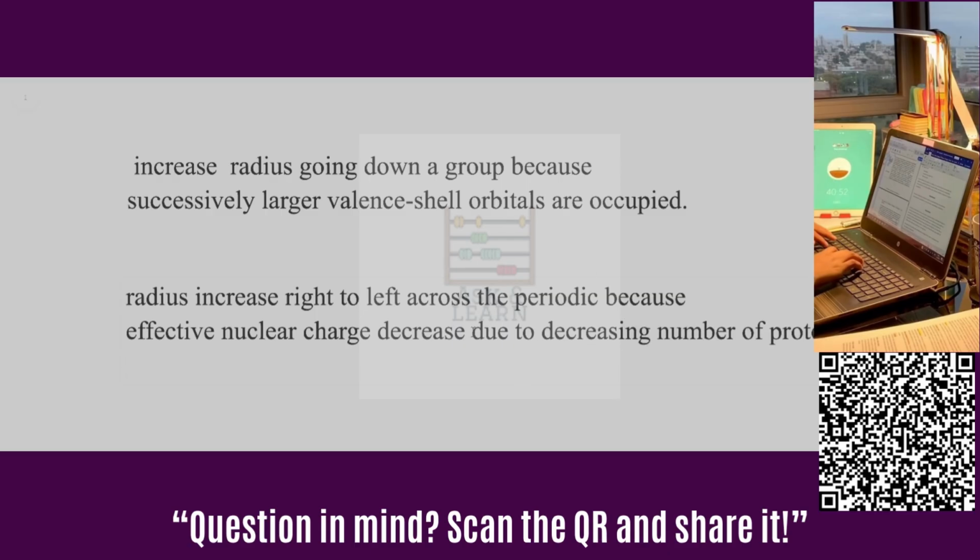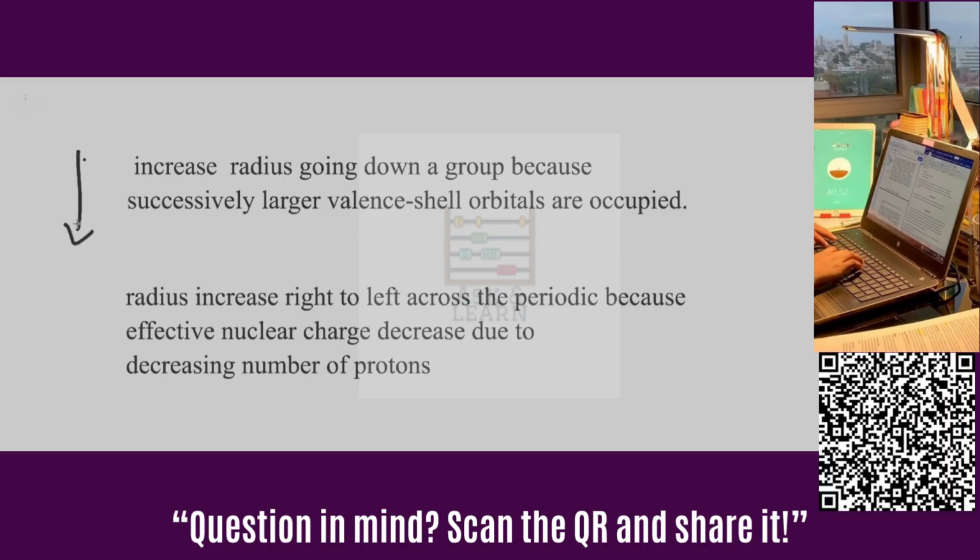Of course, I have changed this from the original so that they both say increase. If we were trying to draw this, pretty much here's what we're saying. Going down, it is going to increase. Going in this way, it is also going to increase. All right, so let's compare them now.